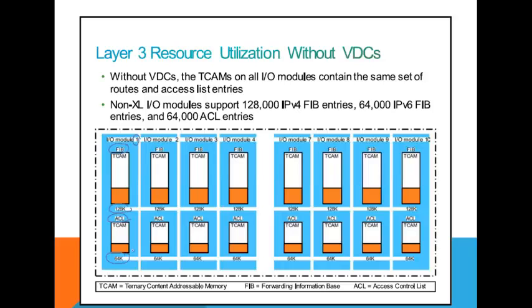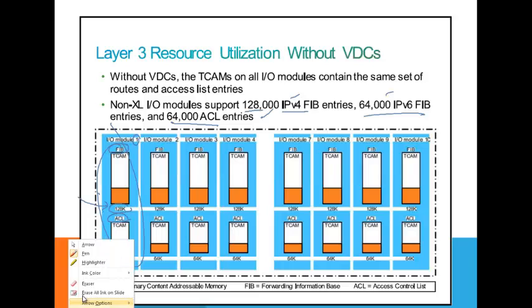And with the help of 128 kilobits, how many lines of IPv4 can you have? 128 thousand FIB entries. That's the maximum you can go. IPv6, this is the max. ACL, this is the max. So with this memory, this is what we can get as maximum. Now why do we see this? It's coming in the next slide.